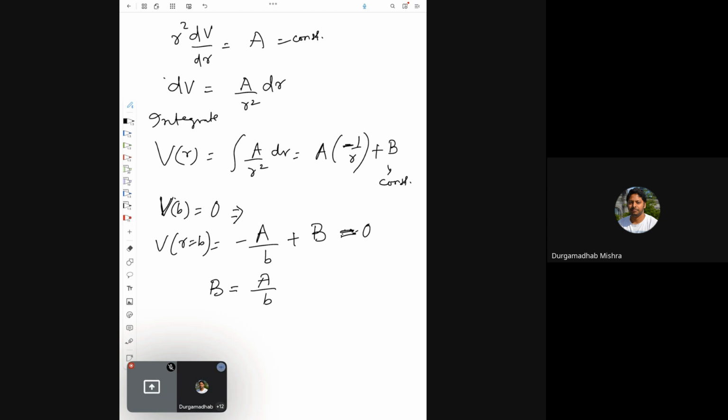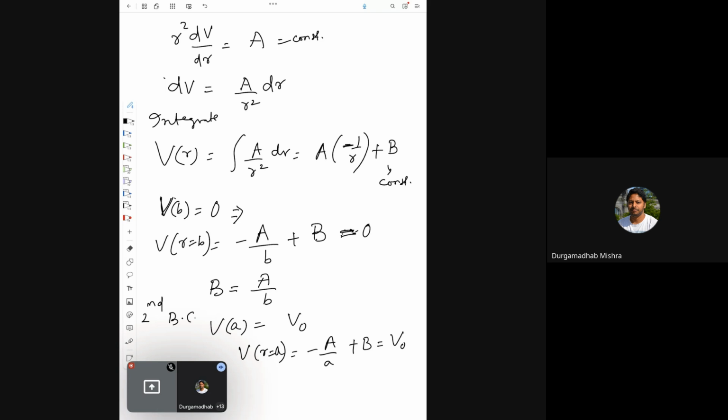Okay. Now apply the second boundary condition, which tells us V of a is equal to constant V naught. So again, what will be the value of V when R is equal to a? This is equal to minus A by a plus B, which is equal to a constant V naught.